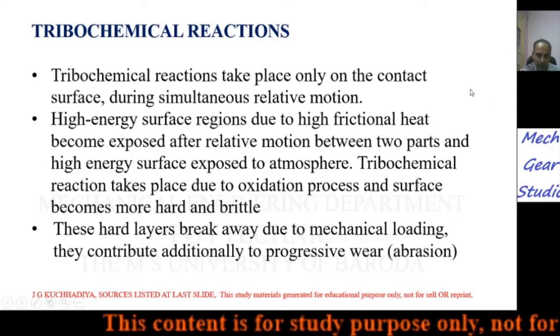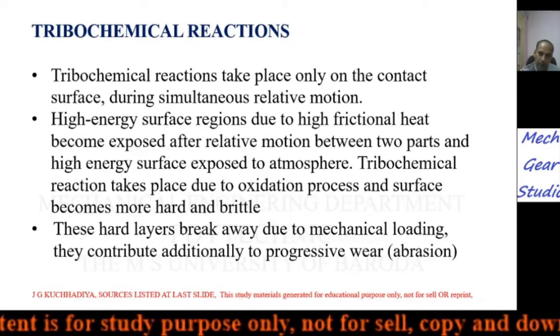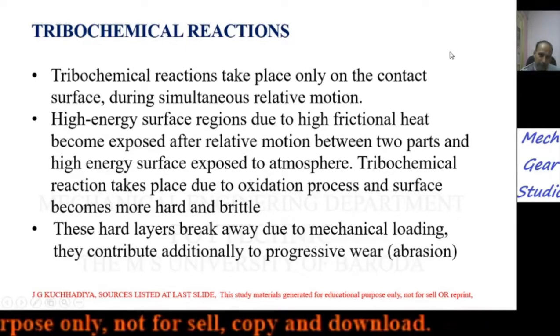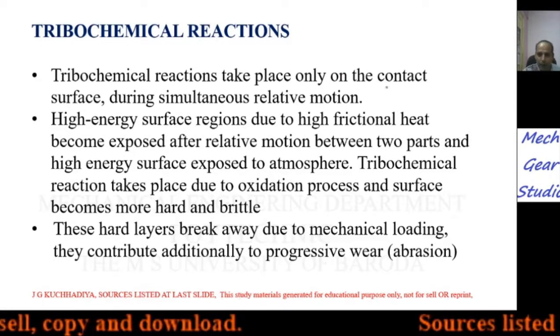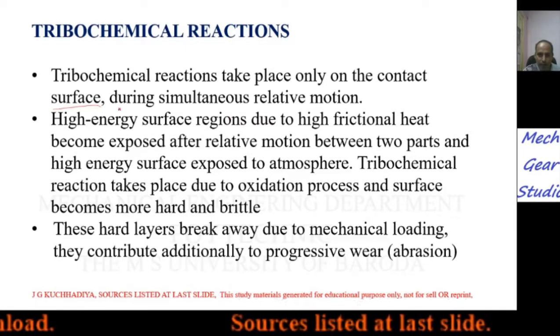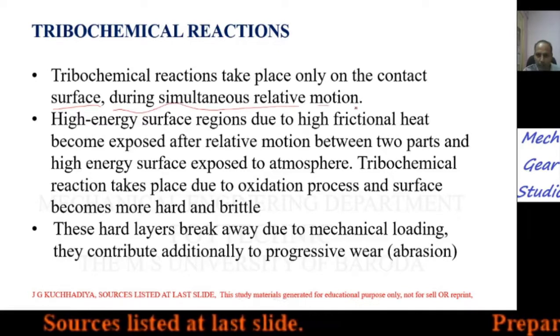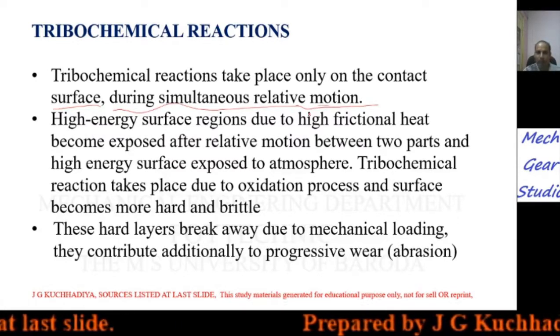The next wear mechanism is tribochemical reaction. That is also wear, but here some chemical reaction is present. Tribochemical reaction takes place only on the contact surface where heating takes place during simultaneous relative motion. Both matching parts have relative motion.